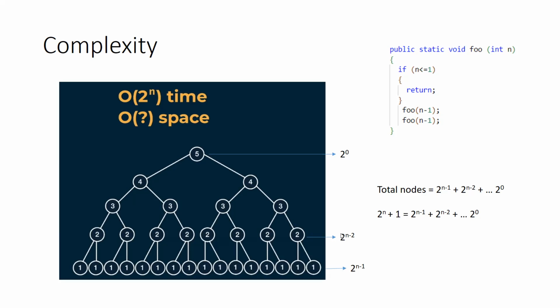So at any level, the total number of children within that level will be 2 raised to the power n. In fact, there is some typo. 2 raised to the power n is basically 2 raised to the power n minus 1 plus 2 raised to the power n minus 2 plus ... plus 2 raised to the power 0 plus 1.